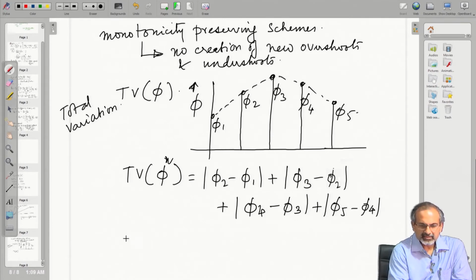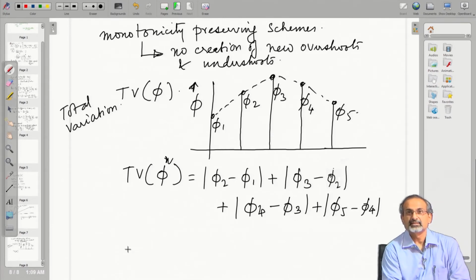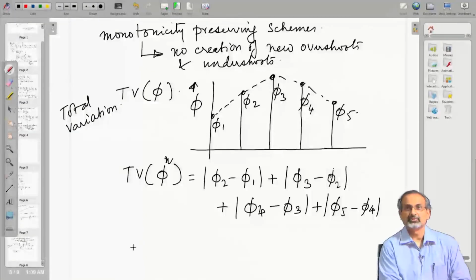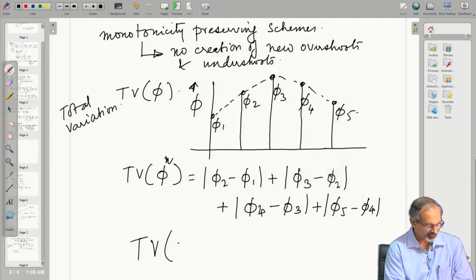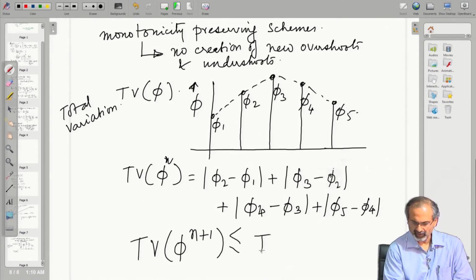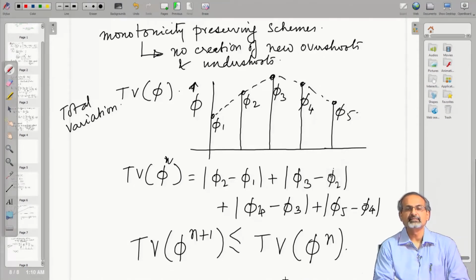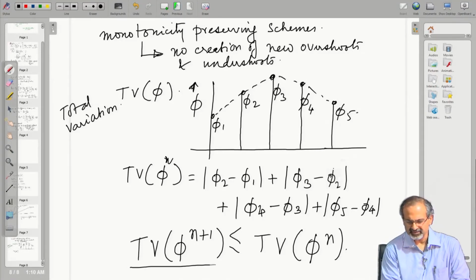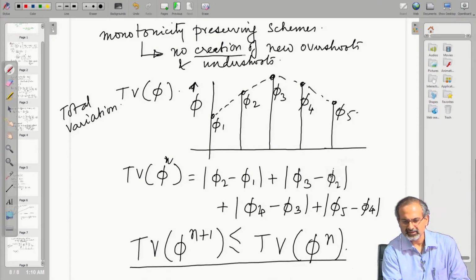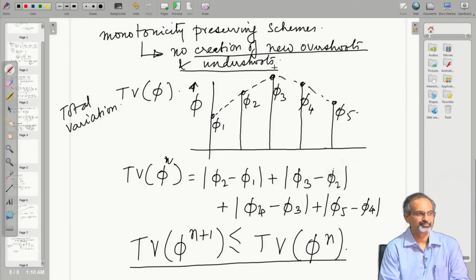The idea is that monotonicity preserving schemes would never allow the total variation to increase with time. It would be kept bounded, which means that if I go to the next instant, the total variation at that next instant will be certainly less than or equal to the total variation which was there at the nth time instant. All right. If this happens, you will never see creation of new overshoots and undershoots.